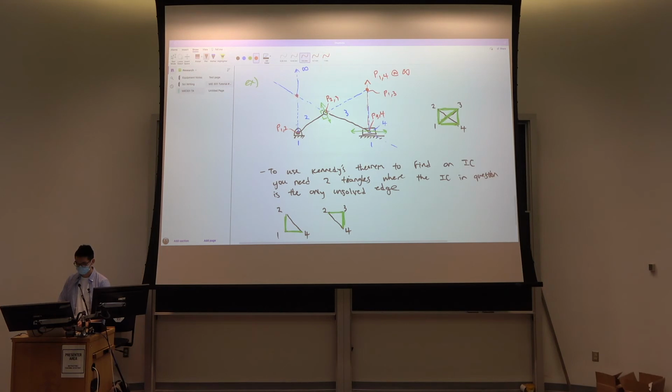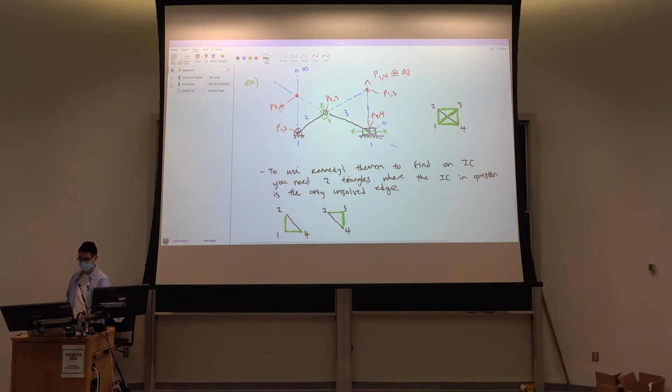The intersection of those is right here. So this must be where P24 is. That's why you need two triangles: each triangle gives you one line, and you need two lines to intersect in order to find the instant center.